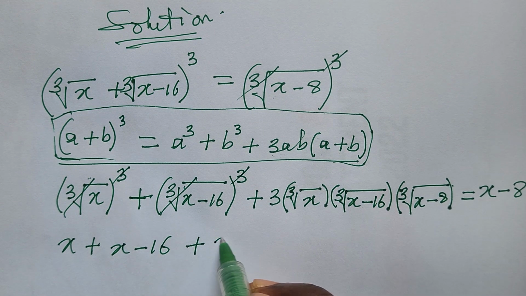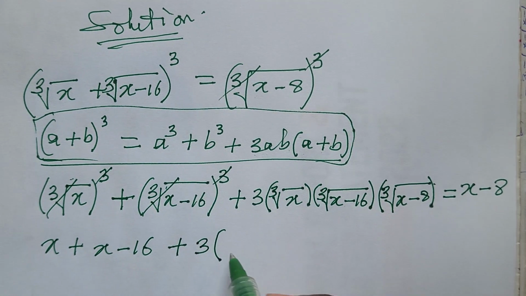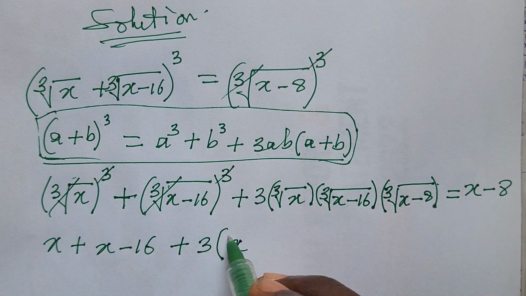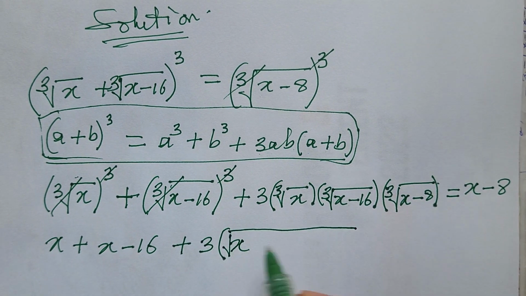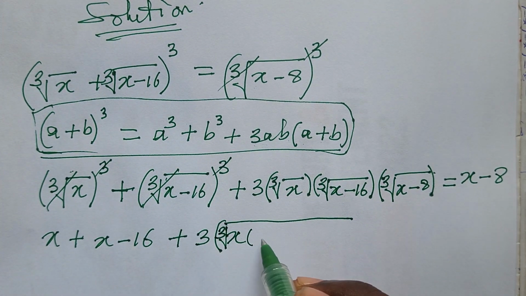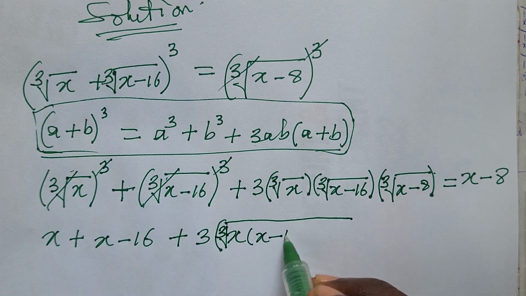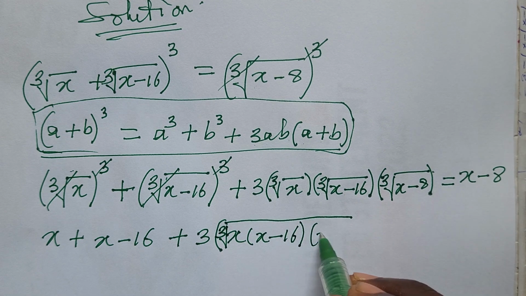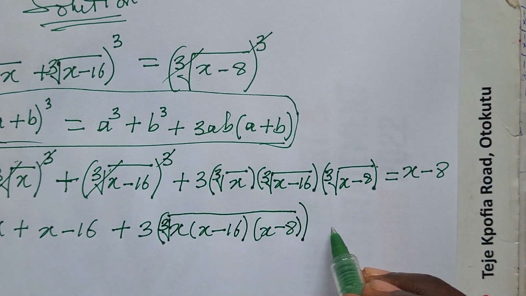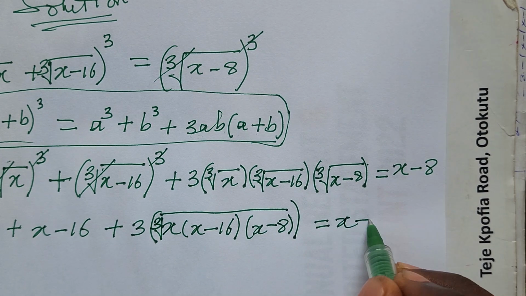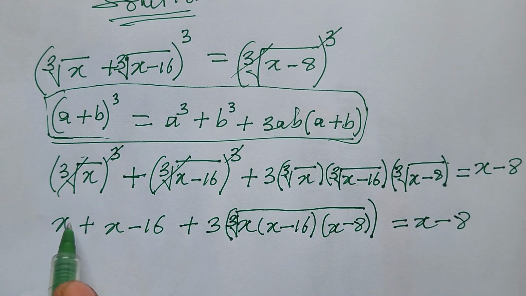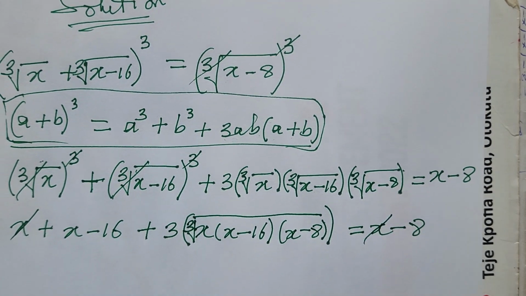So we now have our 3 into our x here. Okay, but let's take the cube root first. We have our cube root here, and we have x into x minus 16, bracket x minus 8, bracket all close. This is equal to x minus 8. Alright, so this will go with this.